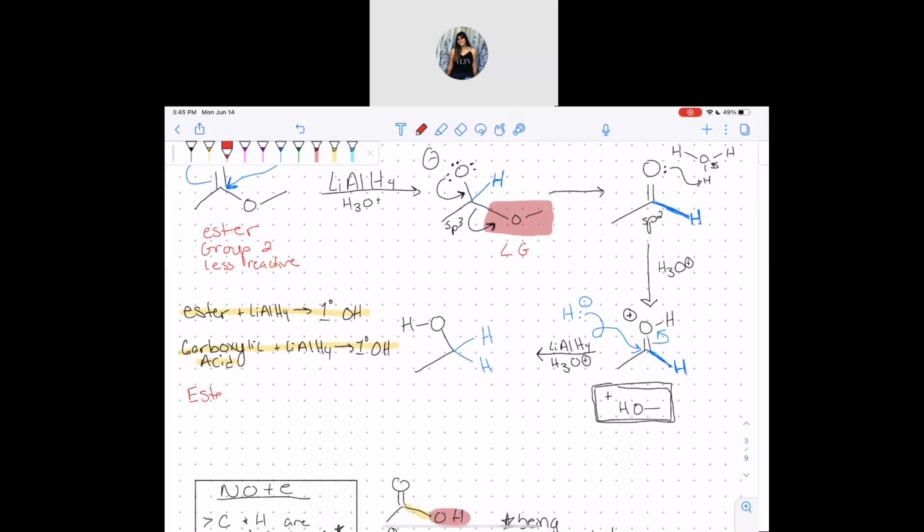So esters and carboxylic acids plus DIBAL equal aldehyde. Ta-da!